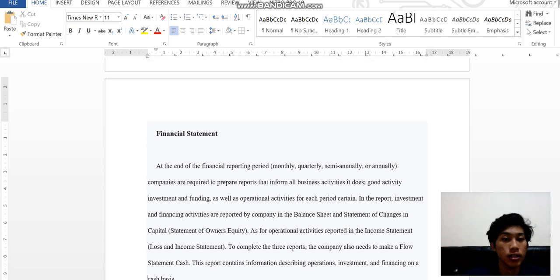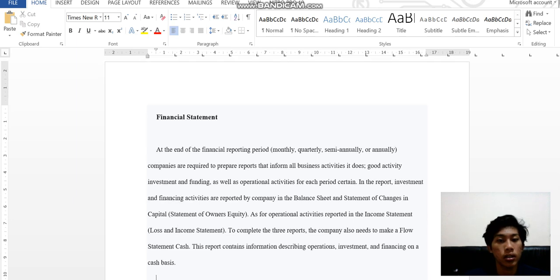Next, financial statements. At the end of the financial reporting period, monthly, quarterly, semi-annually, or annually, companies are required to prepare reports that inform all business activities they do, both investment, funding, and operational activities for each certain period.